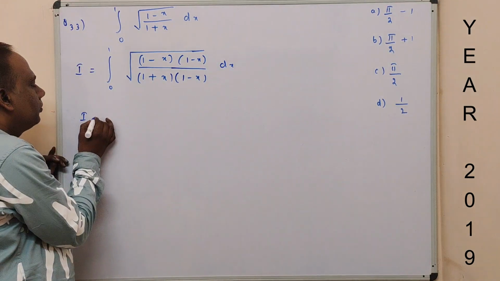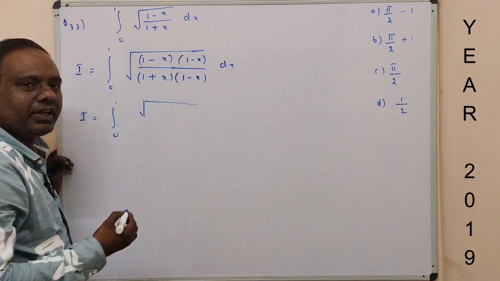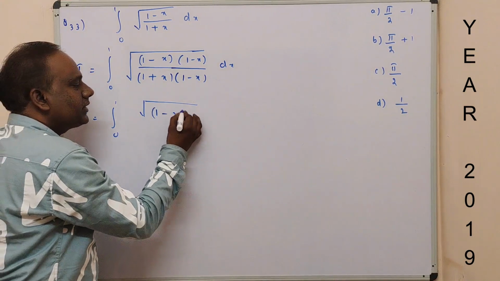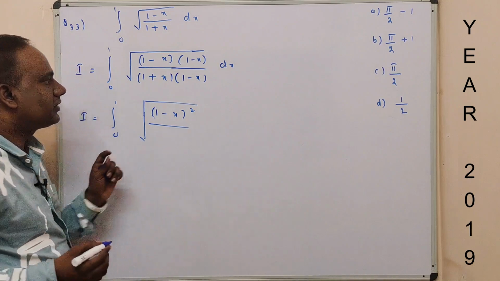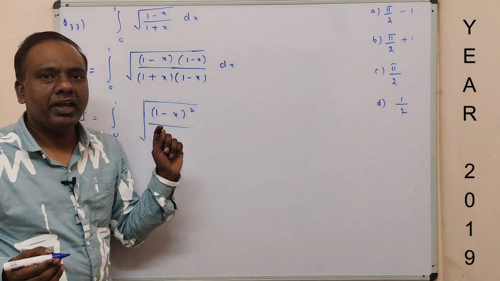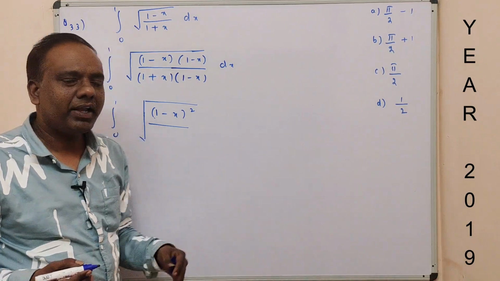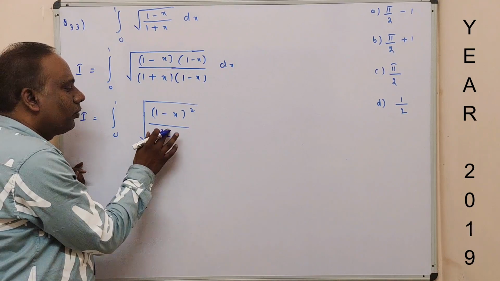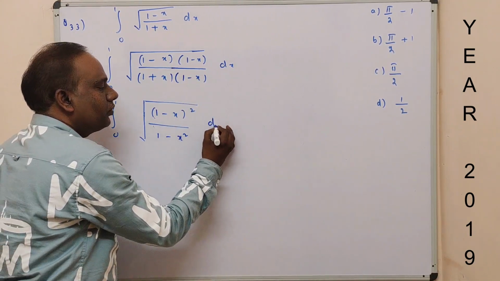Now I is equal to the integration from 0 to 1 of root of 1 minus x into 1 minus x, which is (1 minus x) whole square, by, since (a plus b) into (a minus b) is equal to a square minus b square, 1 square is 1 and x square, into dx.